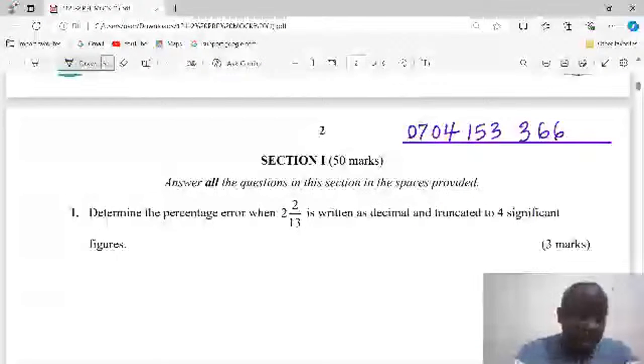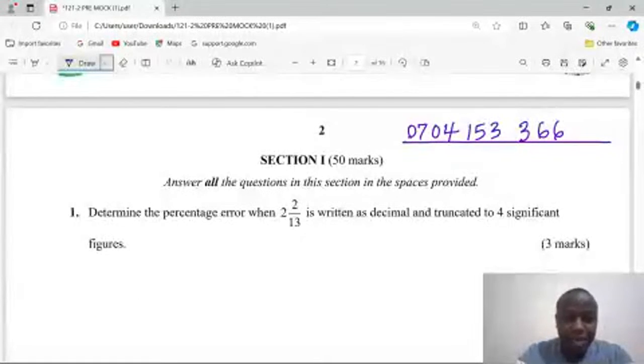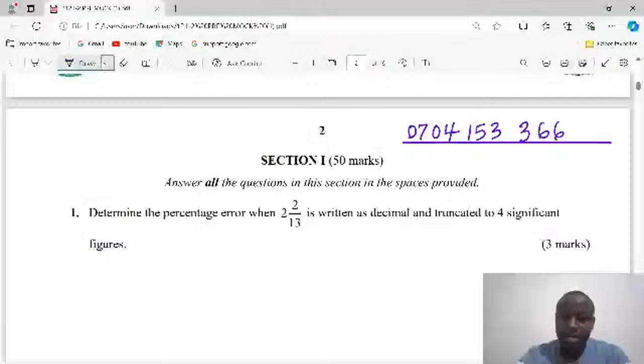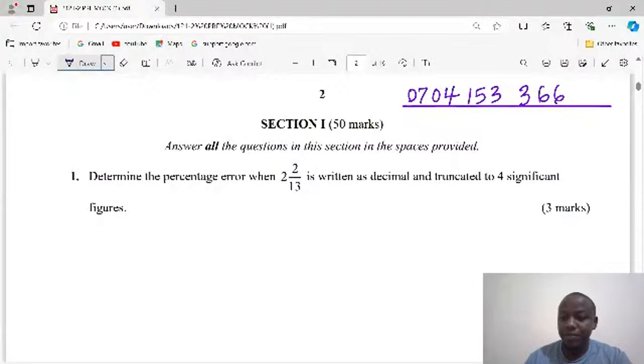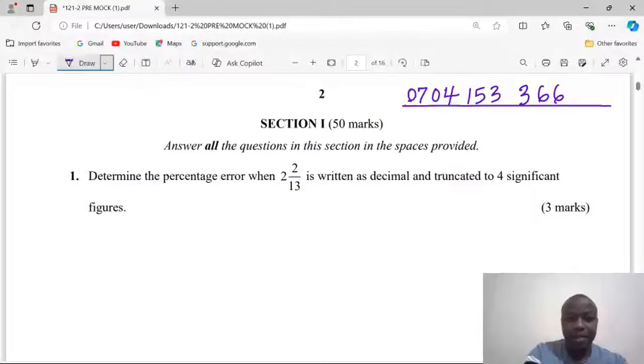Determine the percentage error. Section 1. Determine the percentage error when 2 and 2 out of 13 is written as a decimal and truncated to 4 significant figures. In this question, a student is supposed to understand several mathematical concepts. It might look simple with only 3 marks, but a student must understand what a percentage error is.